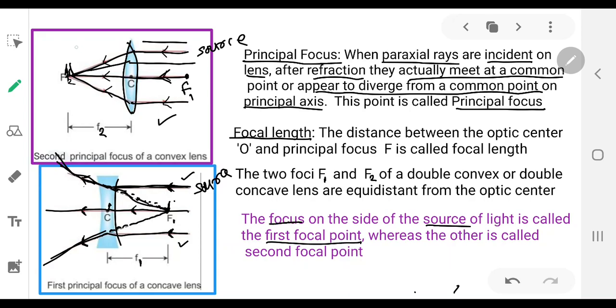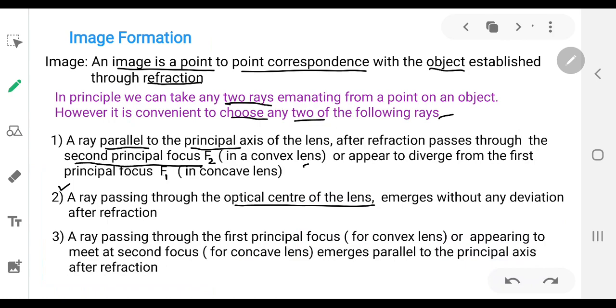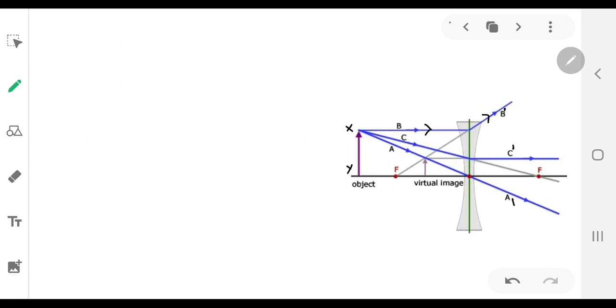If they pass through the principal focus on one side, after refraction they become parallel to the principal axis. Among these three rays, two rays are sufficient for the image formation. In the next slide we'll see the image formation by considering these three rays.